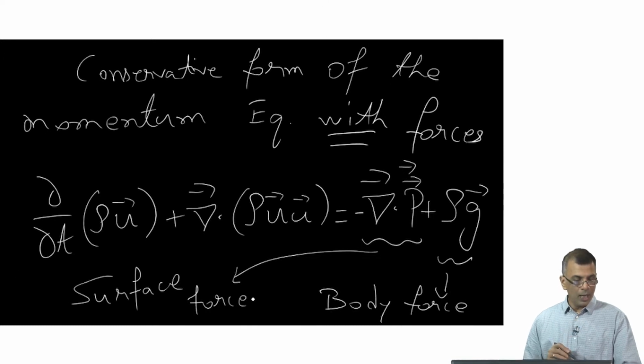And what's inside of this P? A couple of things. This UU is really a second order tensor, and the UU would be the outer product of two vectors.